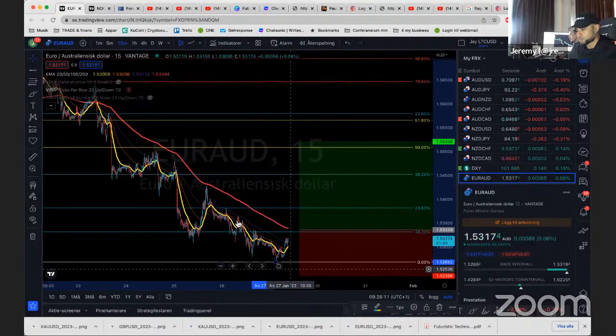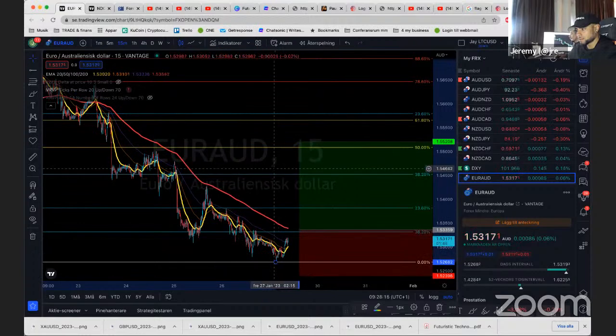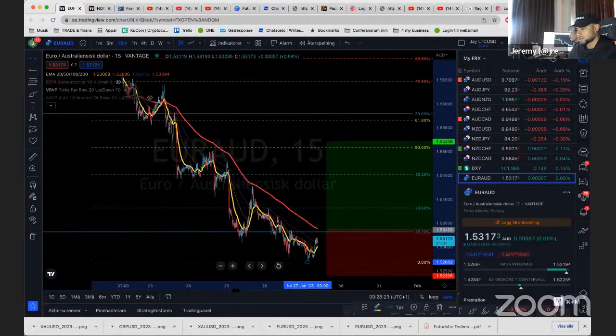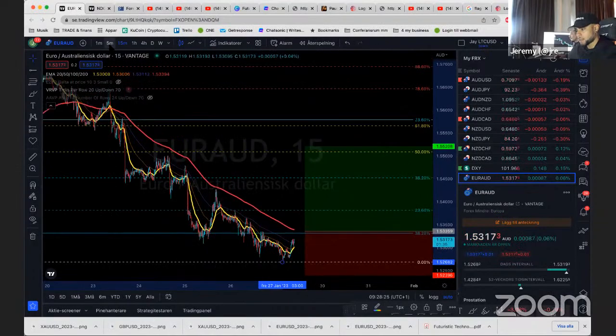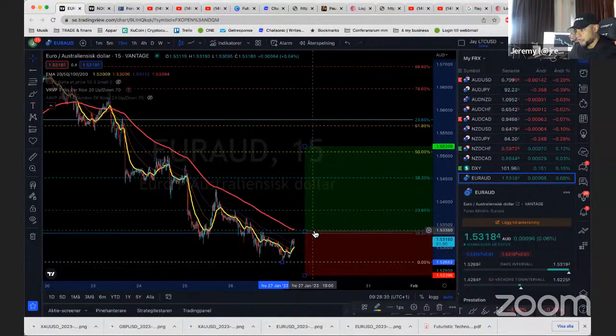Okay, so entry. Yeah. All right. So entry here at about 1.533. Then we got the first take profit at just below this line.